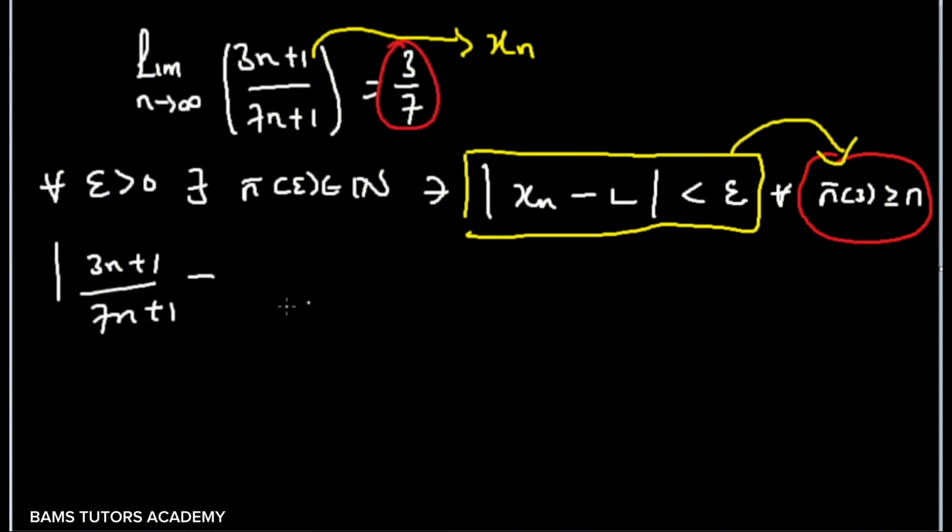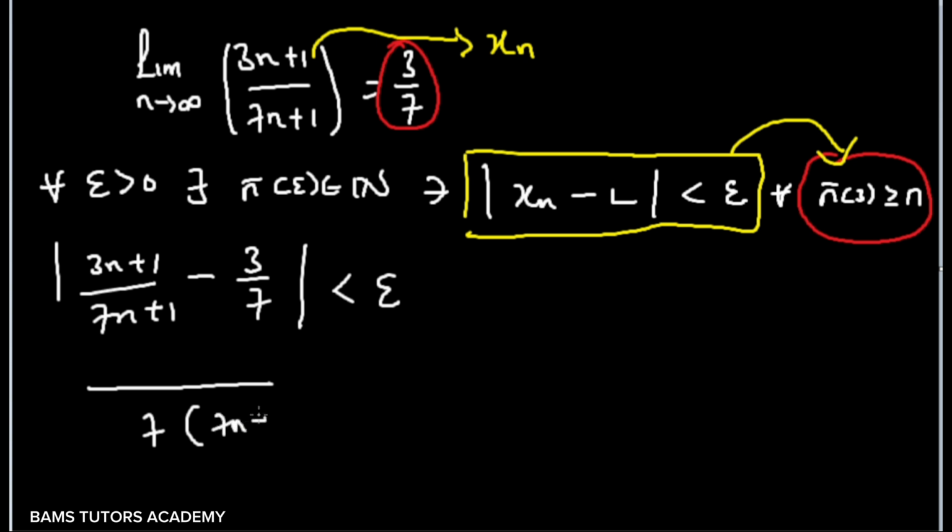So I'll have minus 3 over 7, close it, then less than epsilon. All right, so since that is less than epsilon, I'll just find the LCM here. That is 7 times 7n plus 1. Then that should be 21n plus 7 minus 21n minus 3.